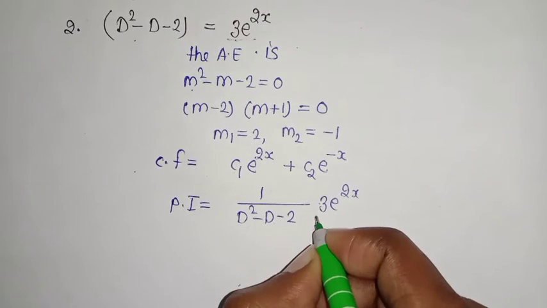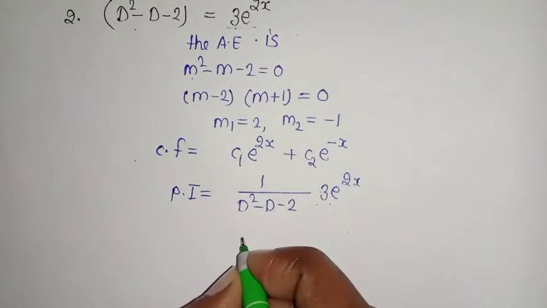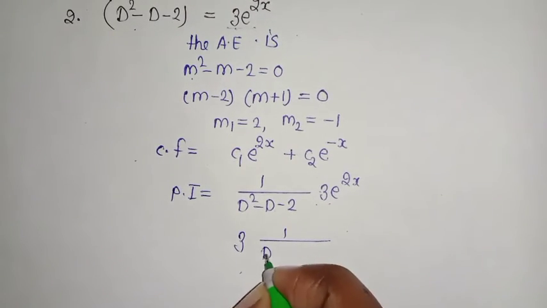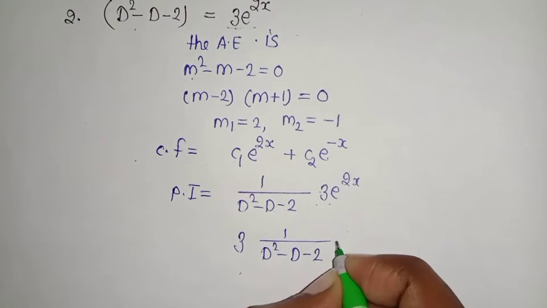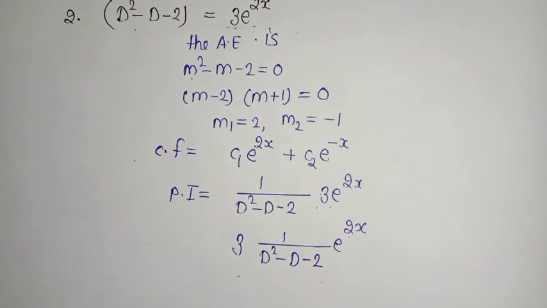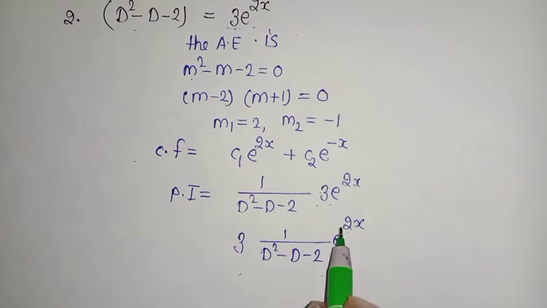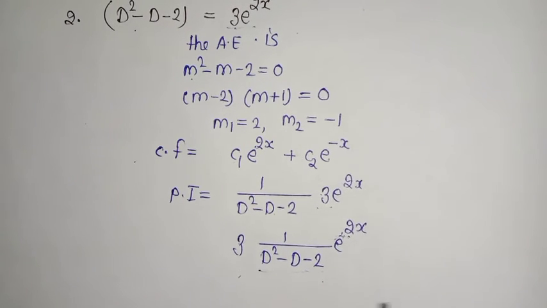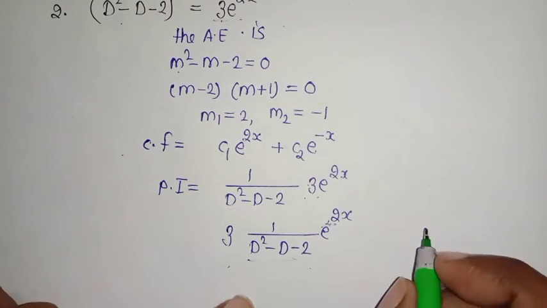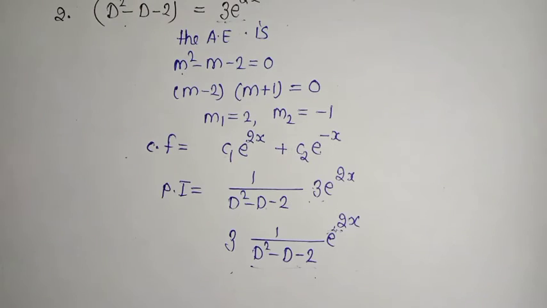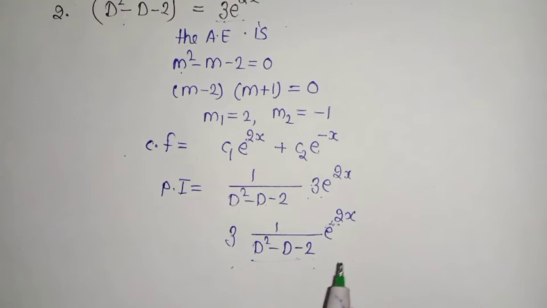Now 3 is constant, so we can take it outside. 3 times 1 by d square minus d minus 2 e raised to power 2x. Now firstly we will check that after putting d is equal to 2, is it giving 0 or not? Firstly we will check this.